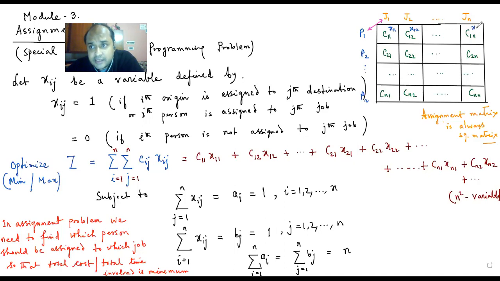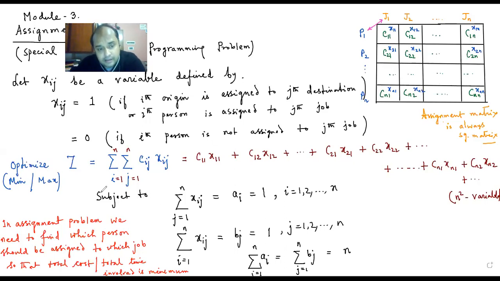For this cell, the decision variable would be X1n. Similarly, for the cell where the cost is C21, the decision variable would be X21. Here it would be X22, and here X2n. Similarly, Xn1 would be the decision variable in this cell, Xn2 in this cell, and Xnn in this cell.